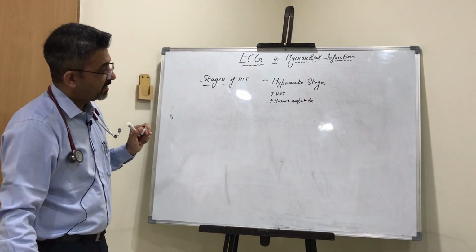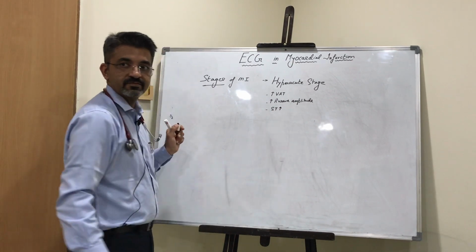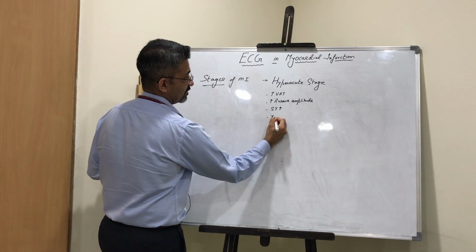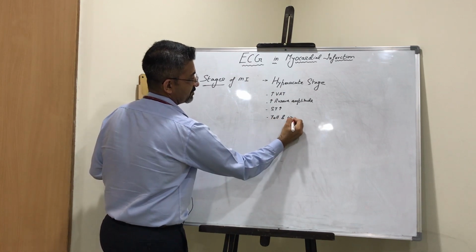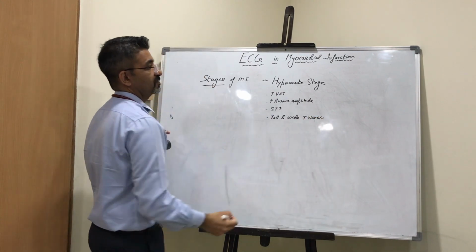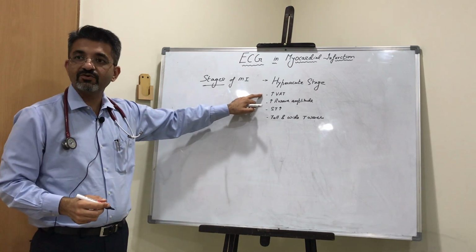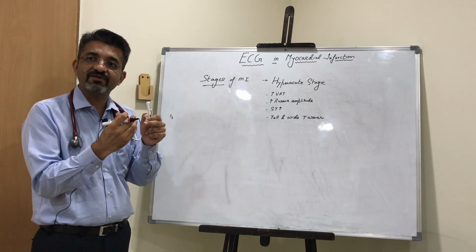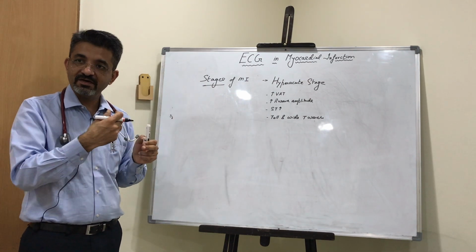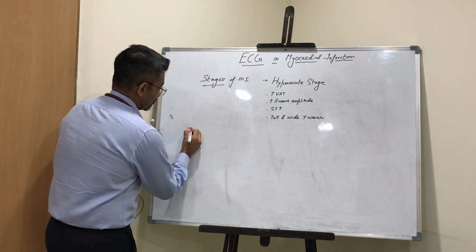Right? I have ST elevation and I have tall and wide T waves. Increased ventricular activation time means intrinsic deflection is now more than 0.04 in lateral leads or more than 0.02 in right-sided precordial leads. See, this is a normal ECG, suppose.